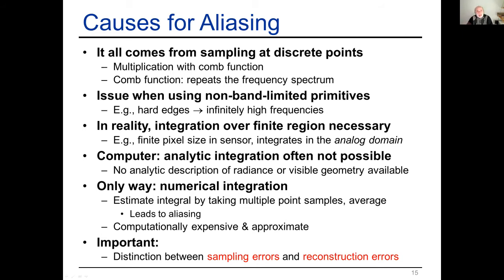In the computer, we cannot analytically integrate, because we have a finite representation, and we cannot have this analog function. We have to have a finite, discrete representation. And so we will have to suffer some aliasing.